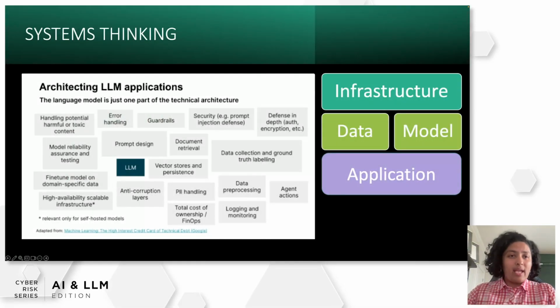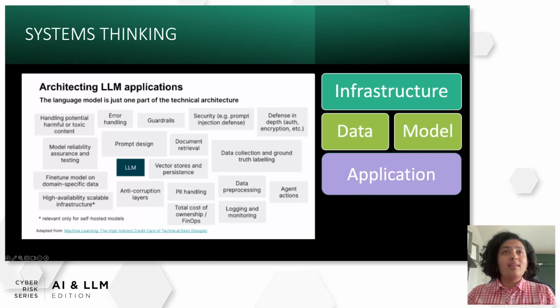When people think about AI security, the focus automatically goes into the intelligent algorithmic component, which is the AI itself. I love having this picture on the left side, which is a modification of Google's view on how machine learning tech debt happens. And this is very similar for large language model or generative AI-based applications.